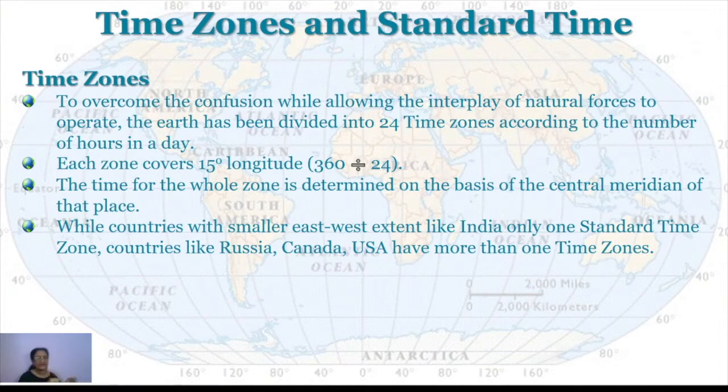So at 9 a.m. plus, first time zone to second time zone, 1 hour difference. Again, second to third, third to fourth. That means 3 hours difference will be there. So 9 a.m. plus 3 hours will give us 12 o'clock. That means in the fourth time zone, it's going to be 12 noon. This is how the time zones are used.